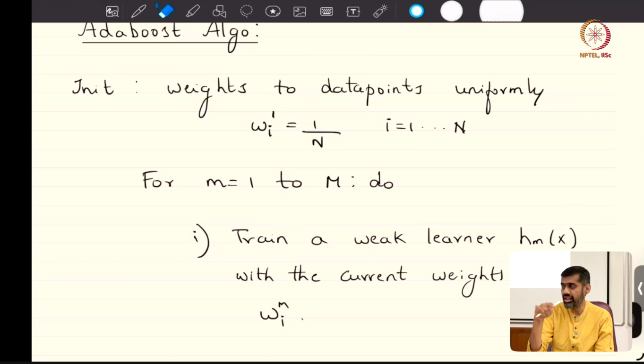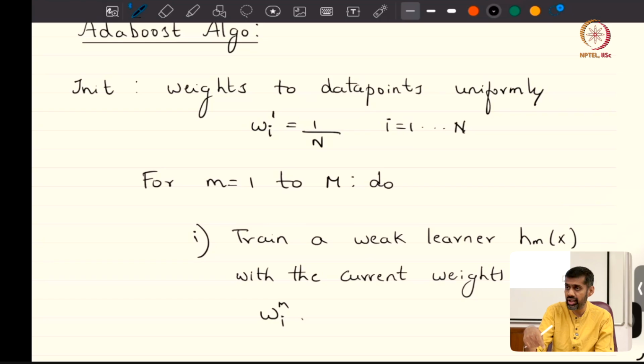So far we are treating all data points equal. But here in AdaBoost, we don't treat every data point equal. We associate a weight with each data point, and that keeps iteratively changing as we move from one classifier to the other. Does it make sense? So initially you give equal weights to all of them, and then keep changing the weights associated with each of the data points.